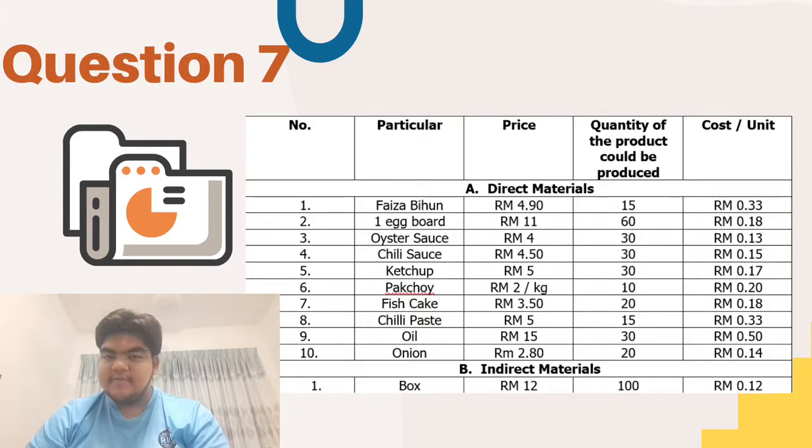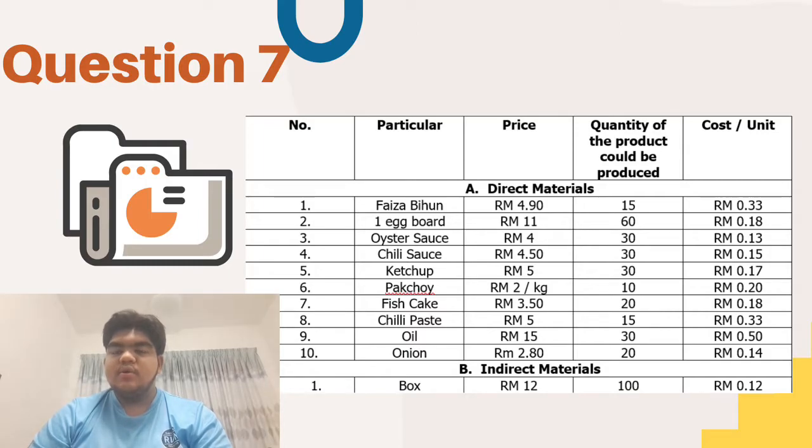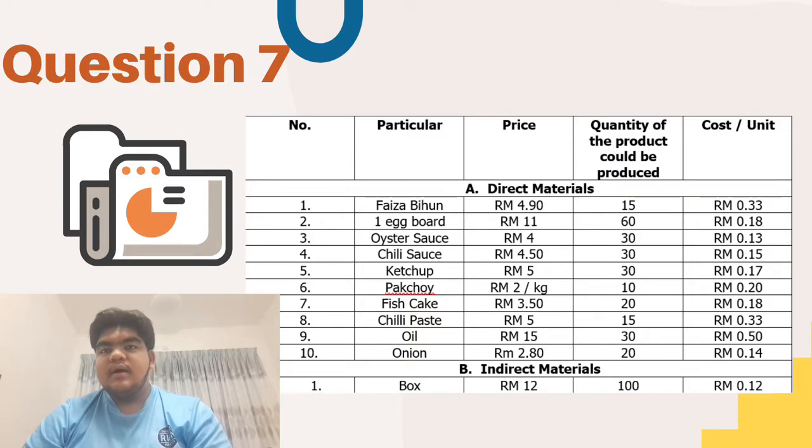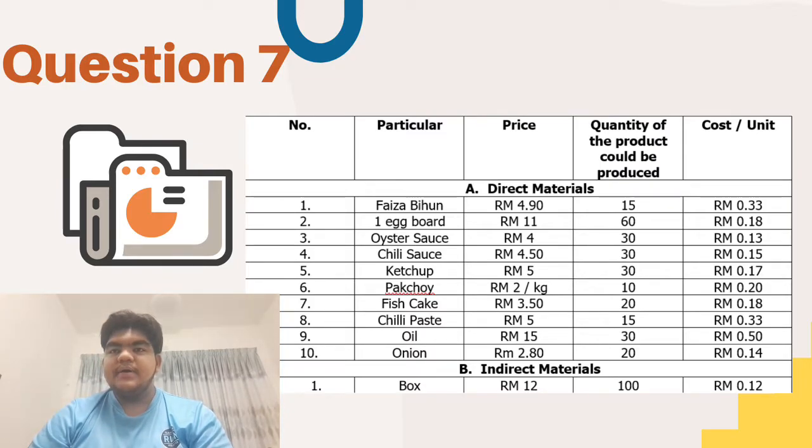It can be used to produce 30 servings with the cost per unit of RM0.13. Next is chili sauce with the price of RM4.50. It can be used to produce around 30 servings with the cost per unit of RM0.15.